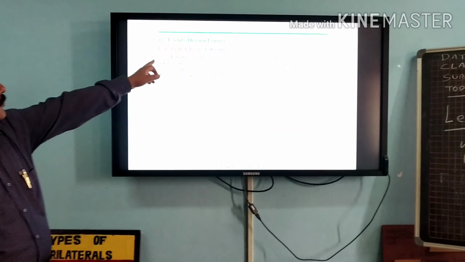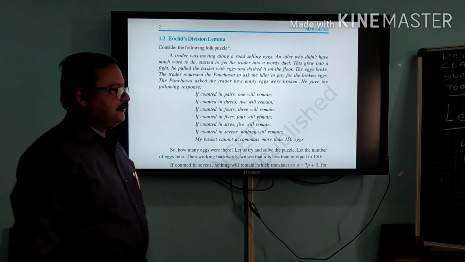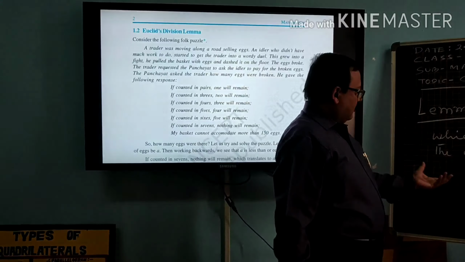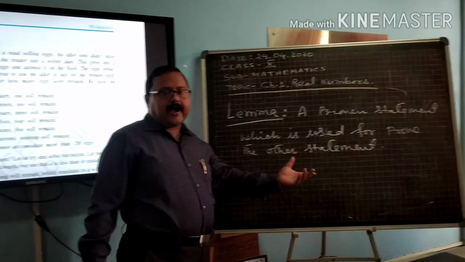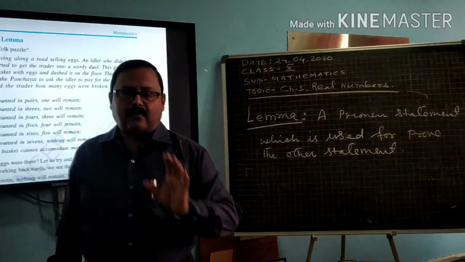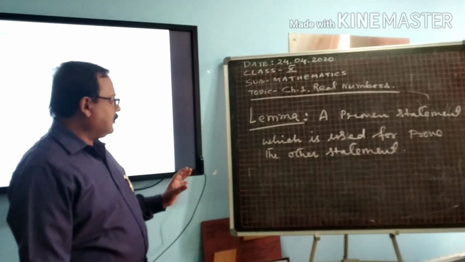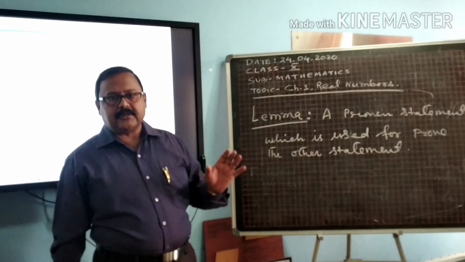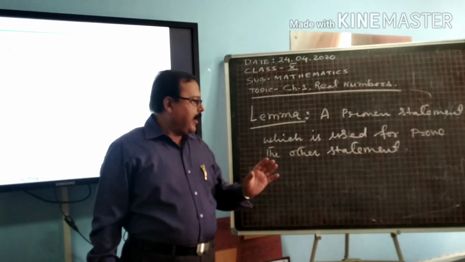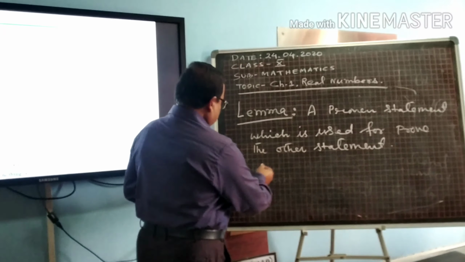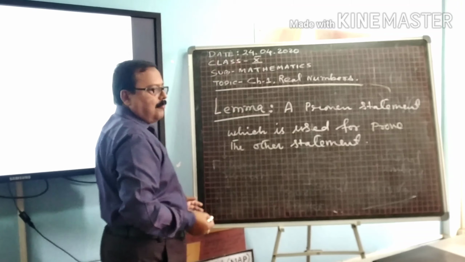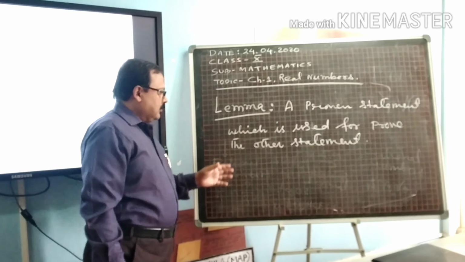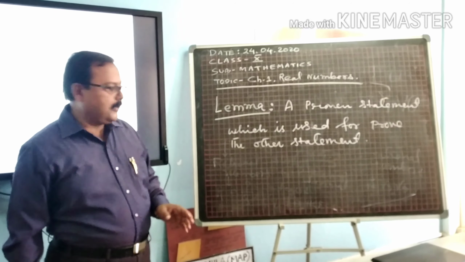What is this Euclid's division lemma? We know that if we divide a number by another number, then we will get a quotient and remainder, and the number by which we divide is called the divisor.